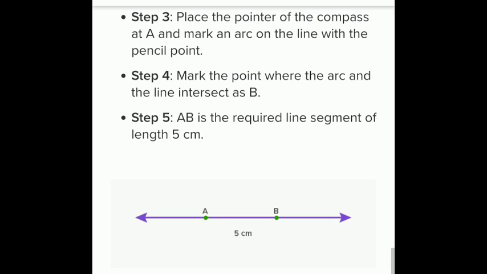Step 3. Place the pointer of the compass at A and mark an arc on the line with the pencil point. Step 4. Mark the point where the arc and the line intersect as B. Step 5. AB is the required line segment of length 5 cm.